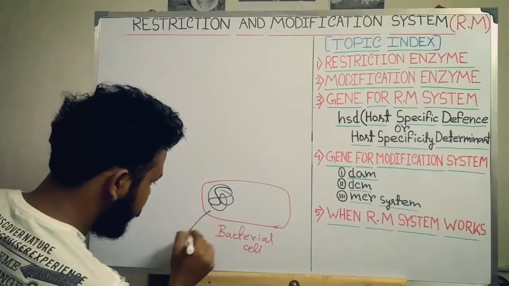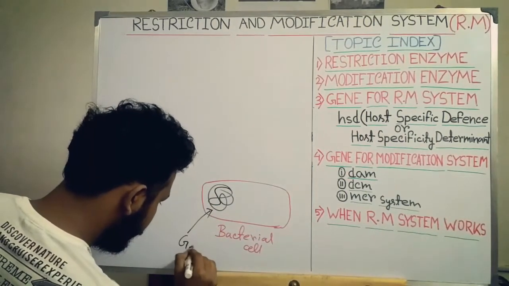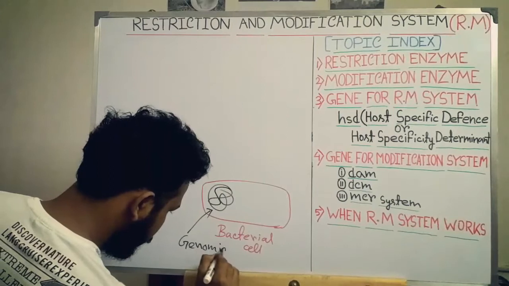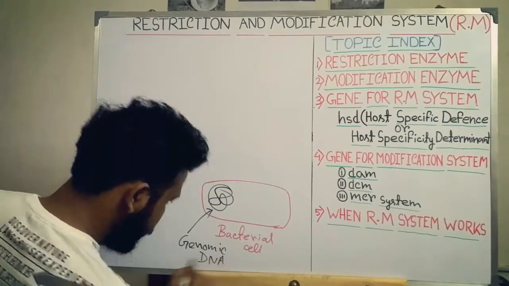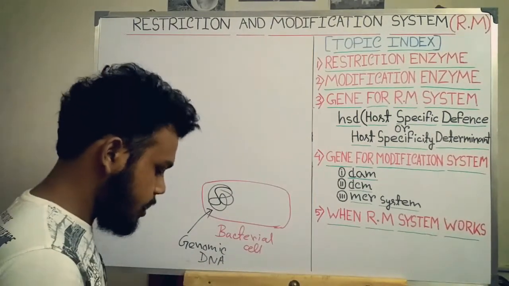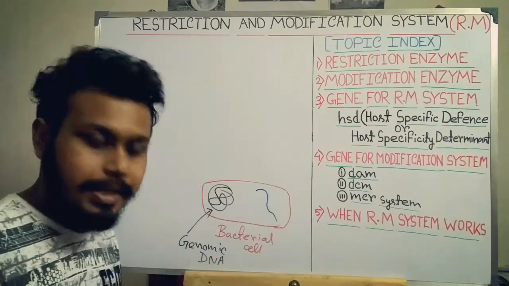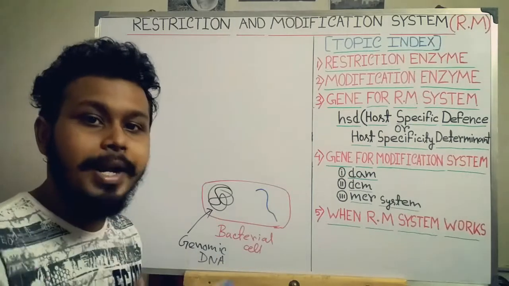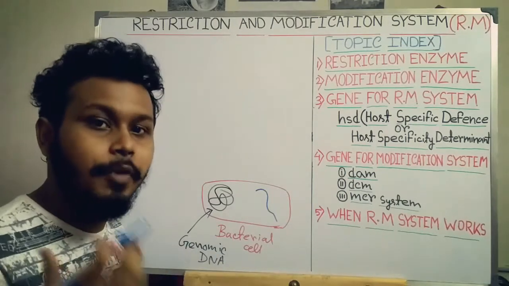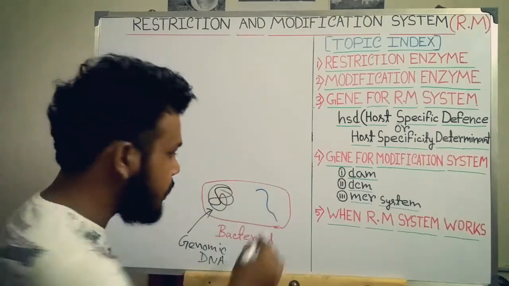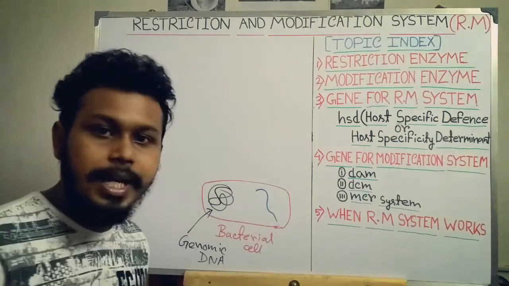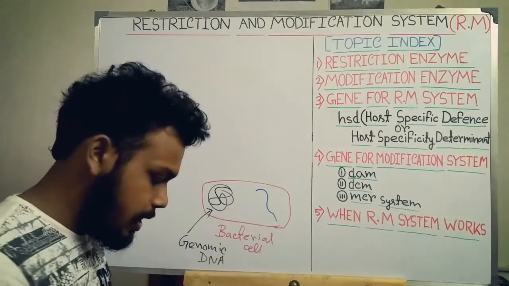This is the genomic DNA of this bacteria. And here a foreign DNA entered into this bacterial cell from a viral infection. For example, this viral DNA entered into the bacterial cell.